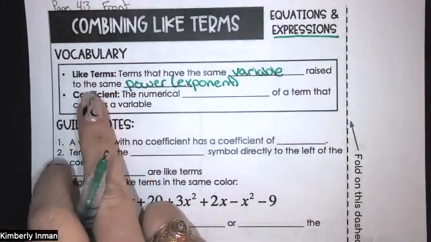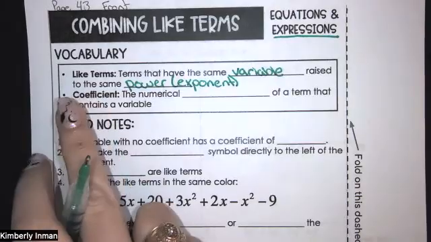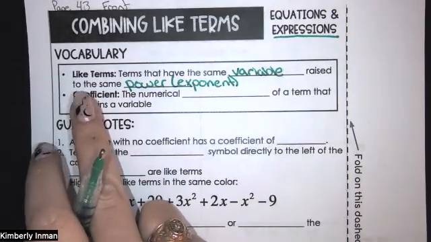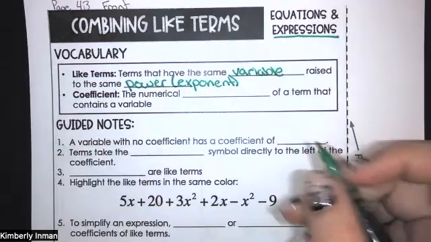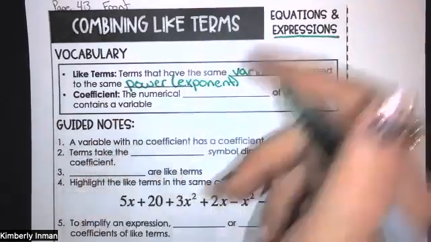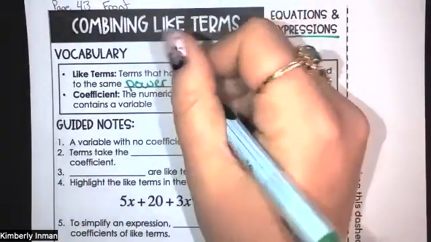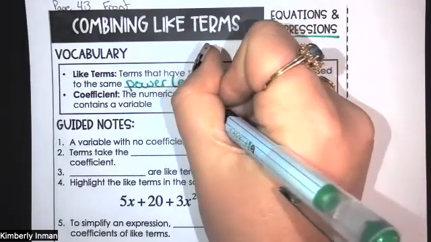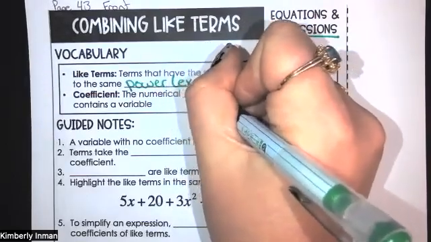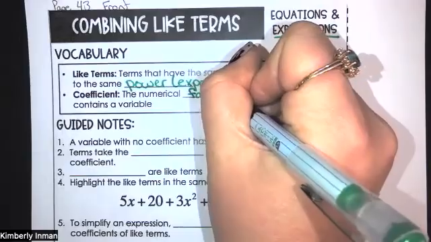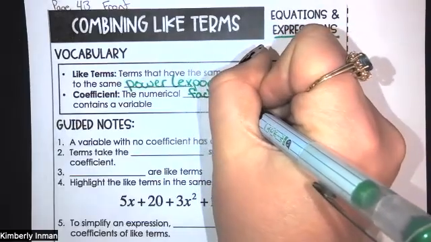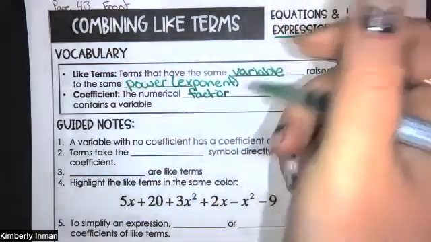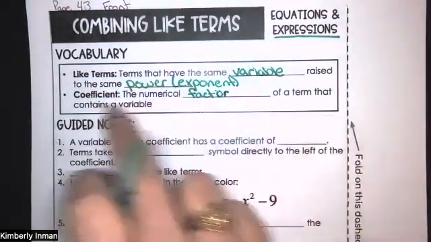One important thing you need to know about these, and we've defined this already, is that a coefficient is the numerical factor in a term that contains a variable.